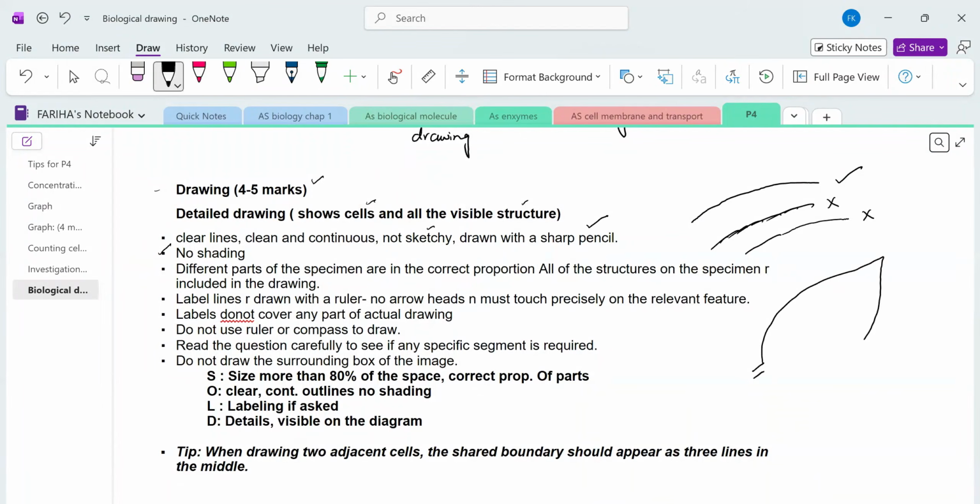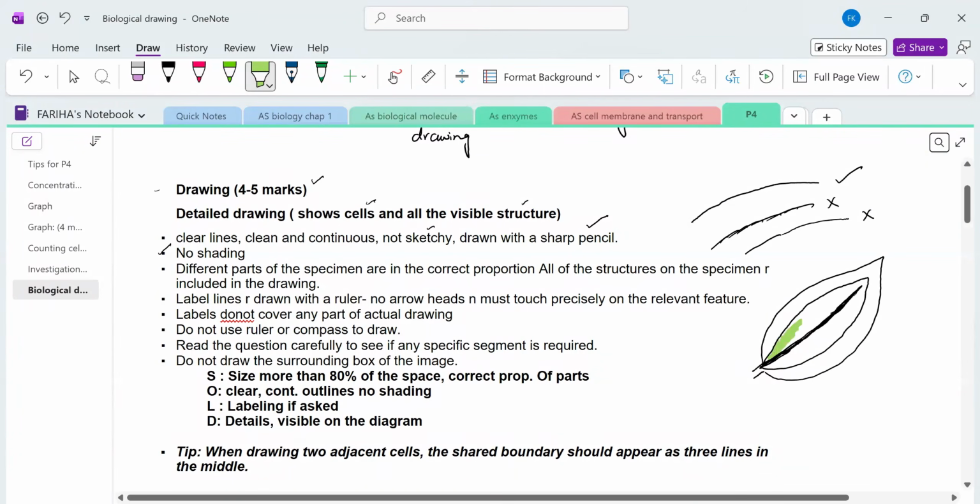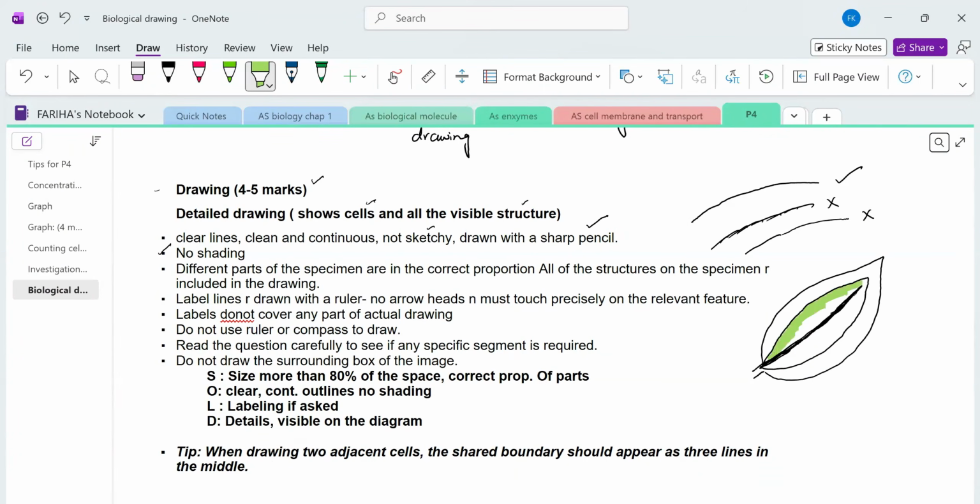For example, if you are provided with the structure of a leaf in which there is a shading on the leaf, on the midrib, plus it has a certain region which contains chlorophyll in it, and the outer region does not contain chlorophyll, or it is lighter in color.